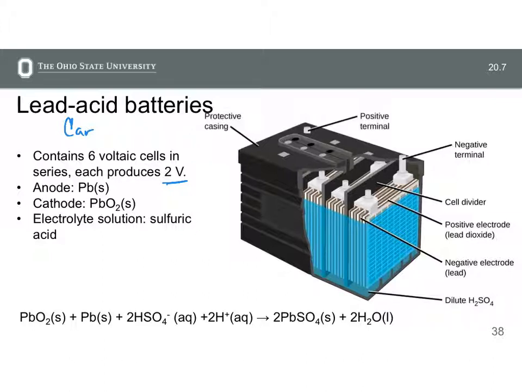At the anode in the lead acid battery, you have solid lead. And in fact, the oxidation reaction is lead solid plus HSO4 minus, so it's sulfuric acid, 1 deprotonation.